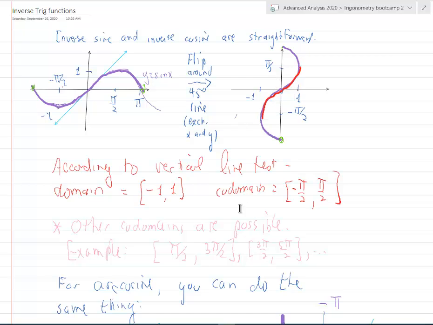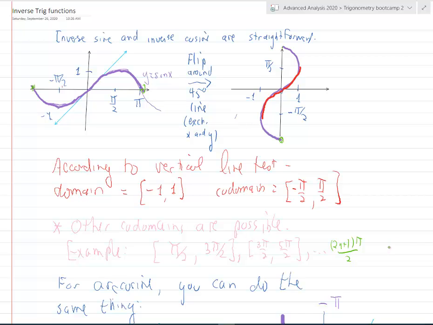I could also choose between pi over 2 and 3 pi over 2. I could take this segment up here, starting from here and going up another pi. I could keep going like that. You notice that you're always going to have some interval of pi. I could go from minus pi over 2 to minus 3 pi over 2. So it's always going to be something like 2n plus 1 times pi over 2.